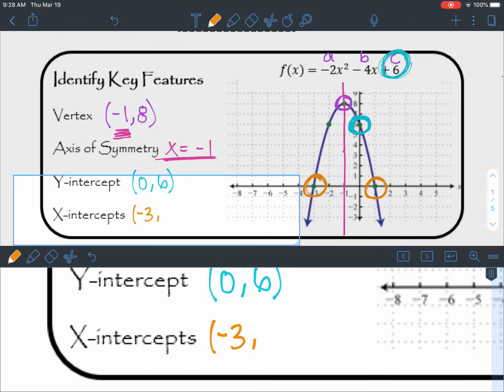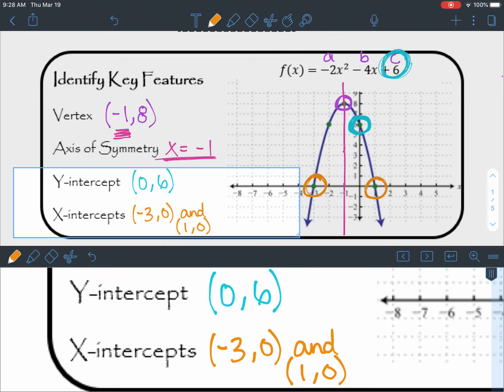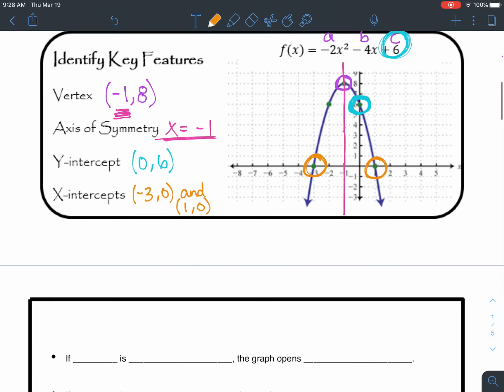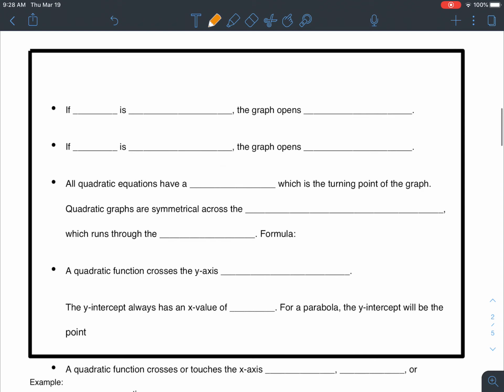So my x-intercepts are at -3, 0 and at 1, 0. So if you look at that comparison between the y-intercepts and the x-intercepts, for the y-intercepts, I only have a y value, and for the x-intercepts, I only have an x value, which makes sense because we're looking for where they're crossing those specific points.